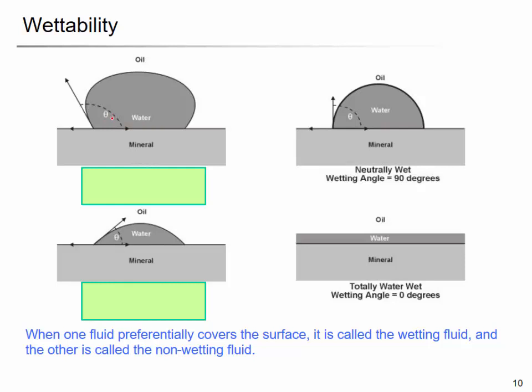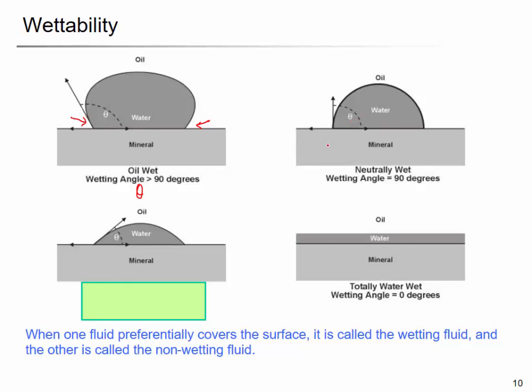Right? So when you look at here, the oil is intruding more. Right? So the oil is spreaded and covering more surface than it should be. So then it's called the oil wet condition, and the wetting angle theta is larger than 90 degrees. And neutral wet is when the theta is 90 degrees, the right angle.